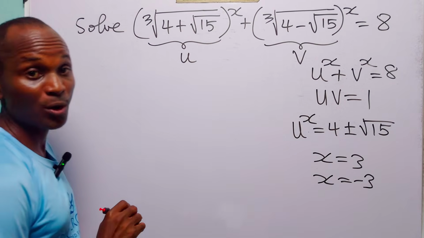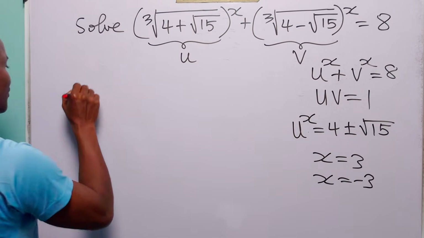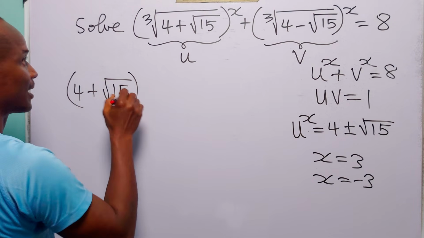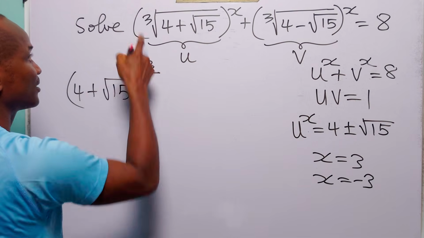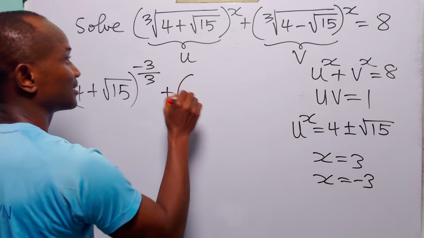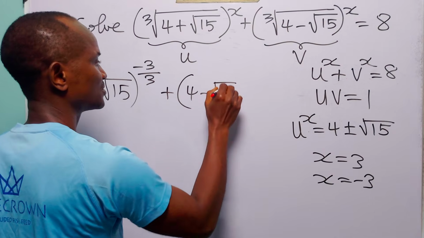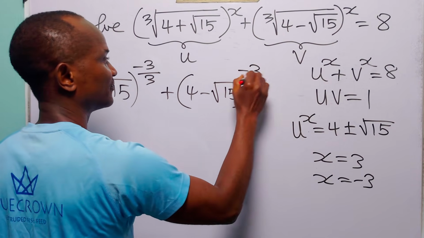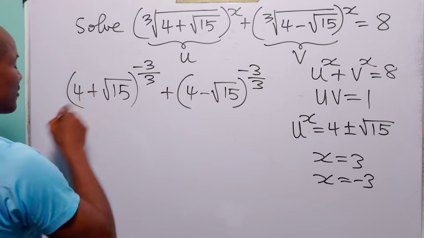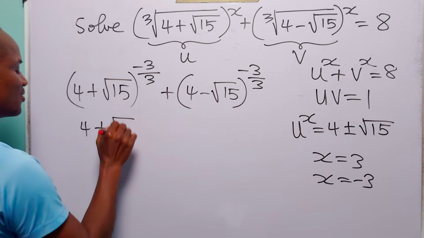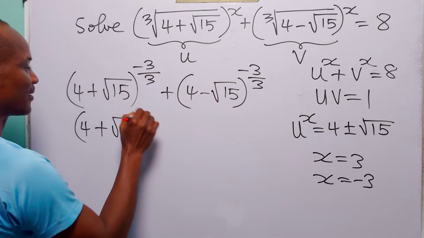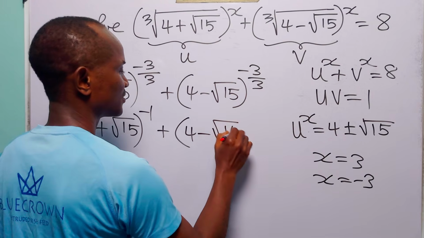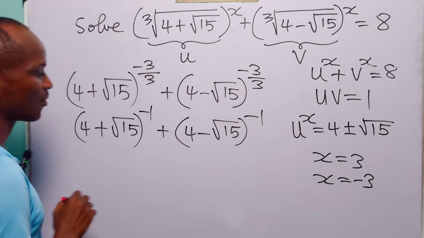And when x is equal to minus 3, then we have 4 plus root 15 to the power minus 3 over 3 plus 4 minus root 15 to the power minus 3 divided by 3. Now from here we have 4 plus root 15 to the power minus 1 plus 4 minus root 15 to the power minus 1.